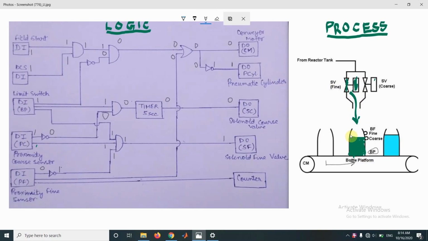Now when the bottle is 100% full, it is sensed by the proximity fine sensor.